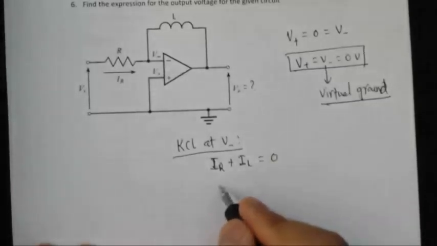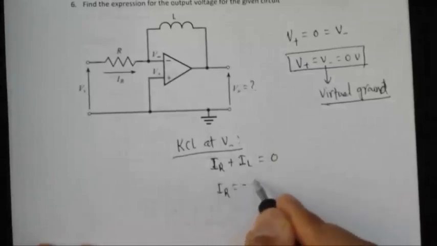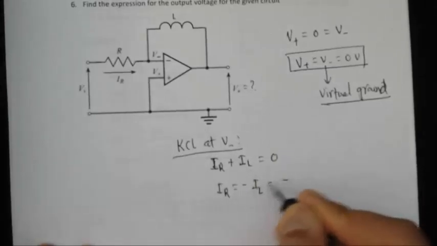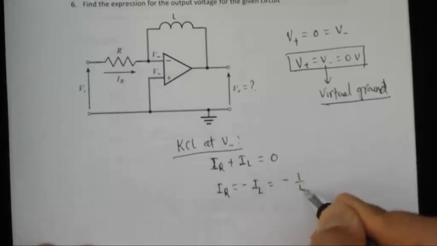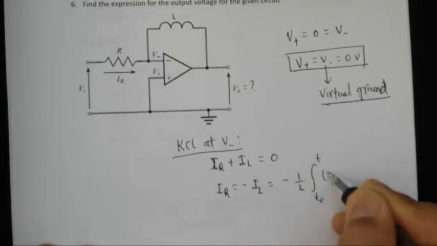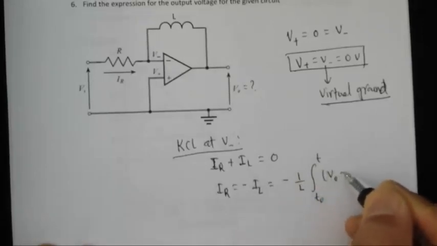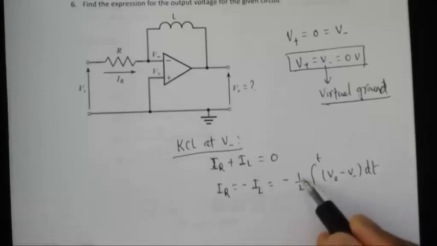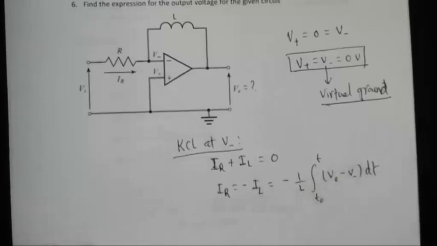So IR is negative IL, but remember IL is 1 over L integration, from some initial time to final time, of the voltage across the inductor. That's the formula for IL, the inductor current.